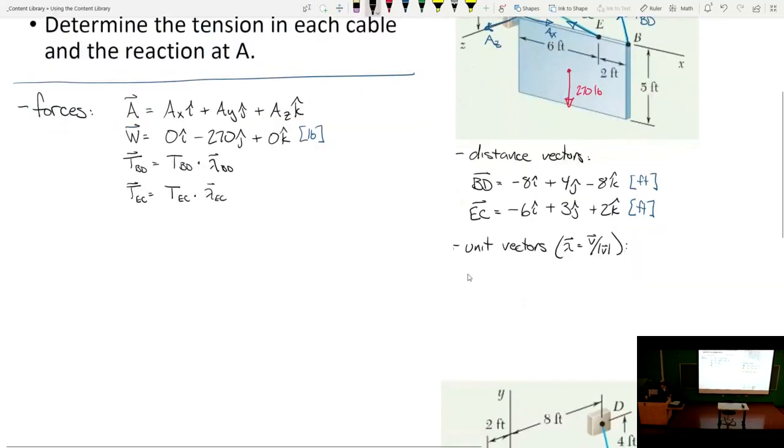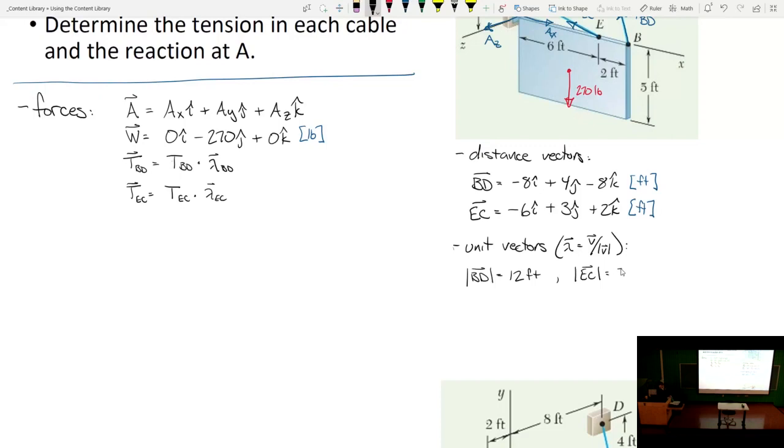What's the magnitude of vector BD going to be? 12. We're just going to use the Pythagorean theorem. So that's 12 feet. How about EC? We got a magnitude for that one? 7 feet. Do I have a second on that?